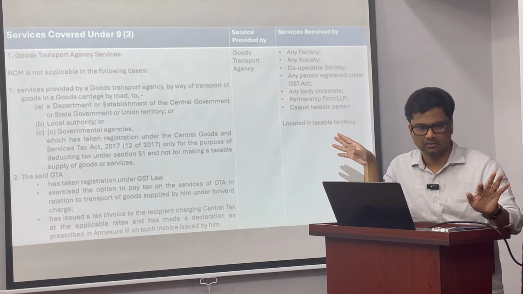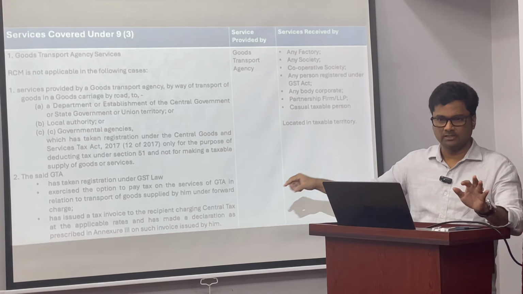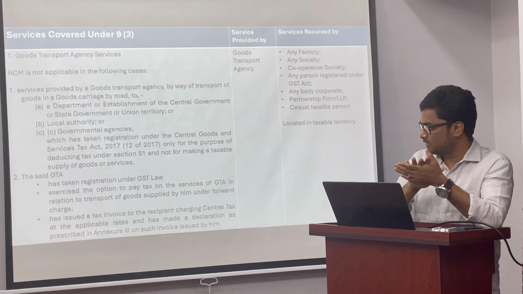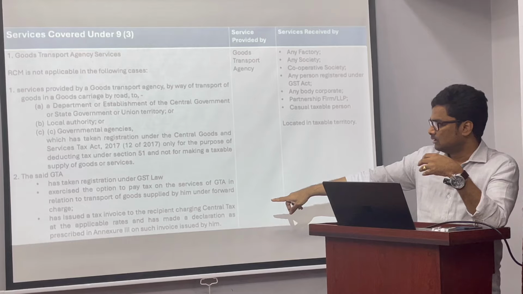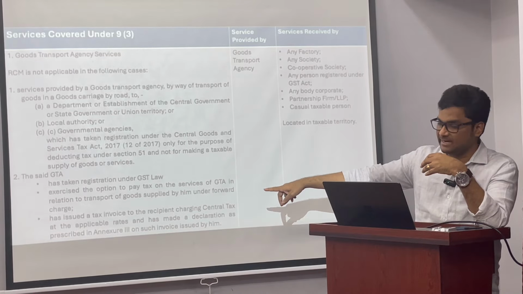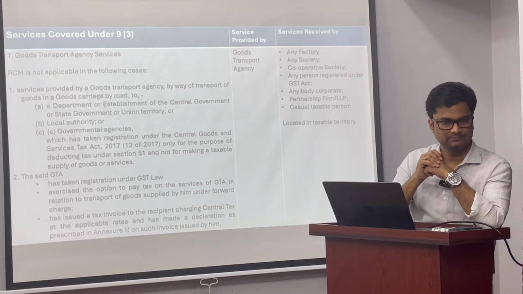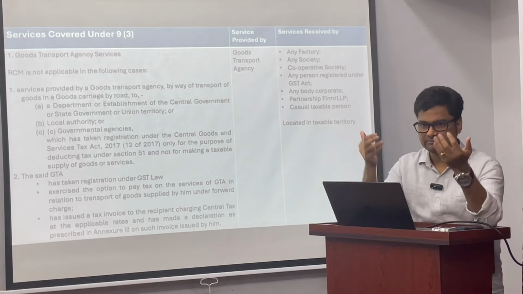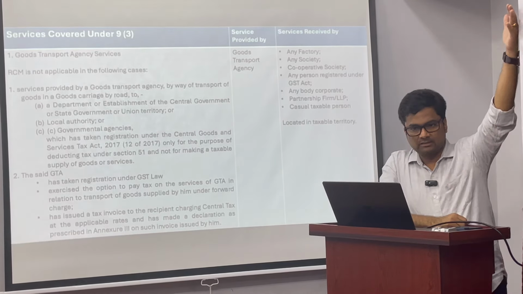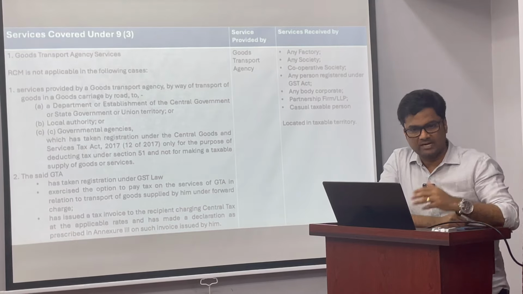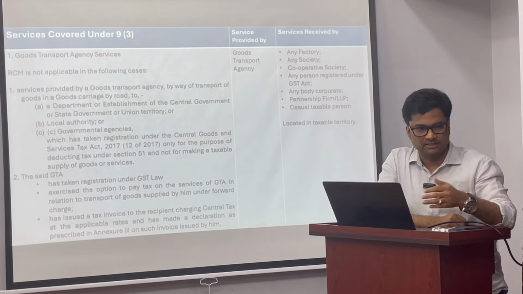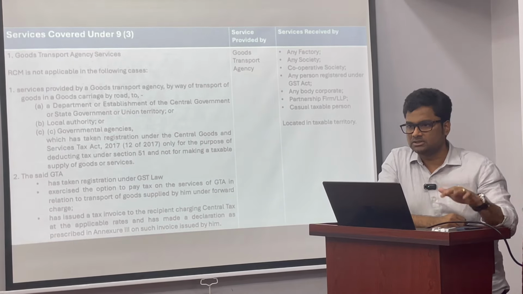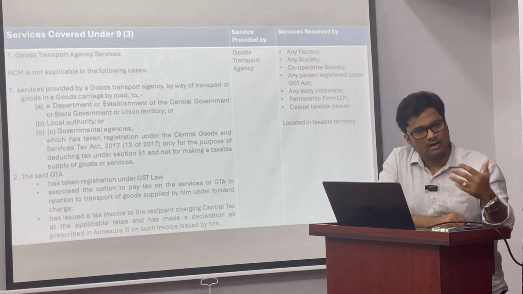Got the point? But here, once you say I opted, you should issue tax invoice, and in the tax invoice you should mention the language which is prescribed in Annexure 3 to this notification. There is one declaration. You have to declare. Otherwise, GTA by default, GTA's RCM is coming from more than 10 years, 15 years. It is not a new concept in GST. It is there since years. So GTA means by default RCM.